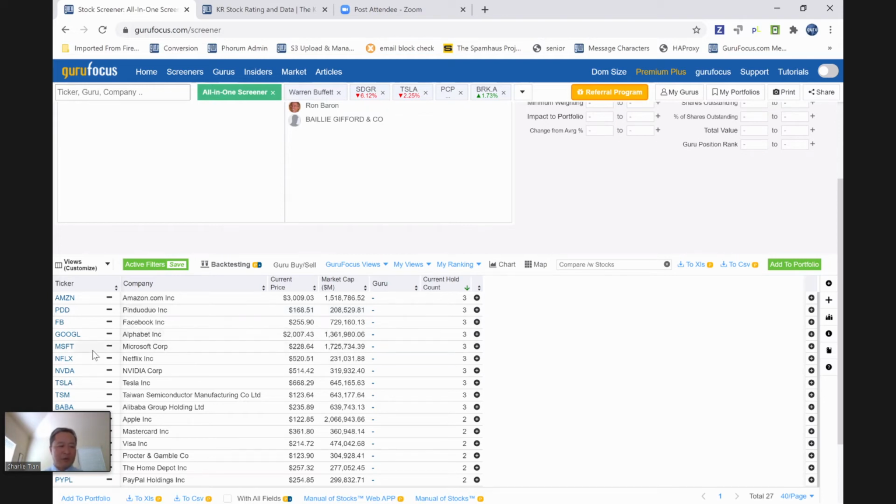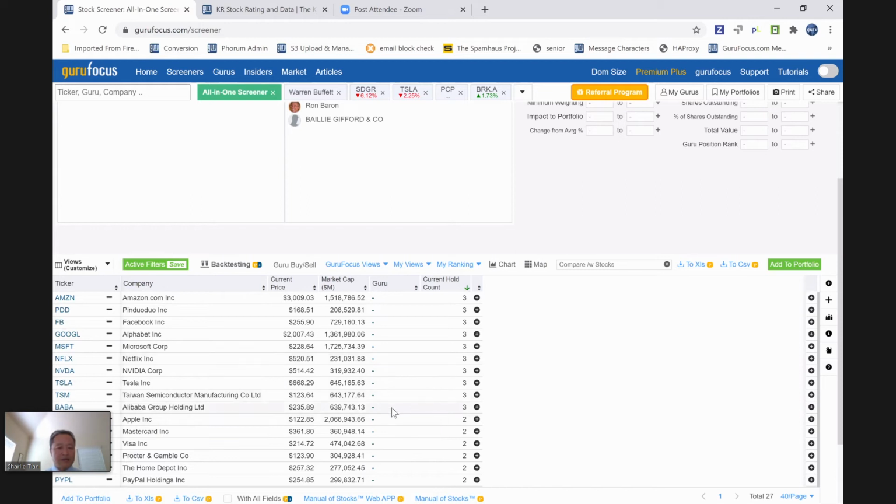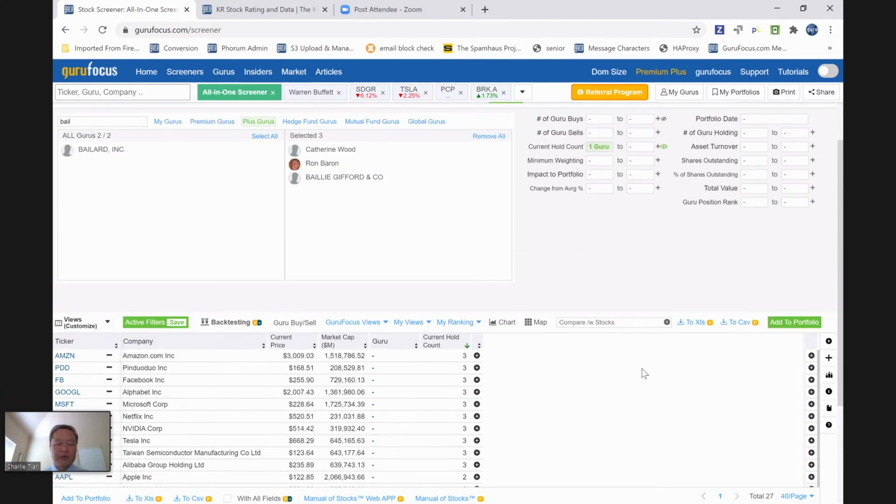Facebook, Google, Microsoft, Netflix, all three of them own these companies. And then you can look at others like Apple, MasterCard, they also own those.